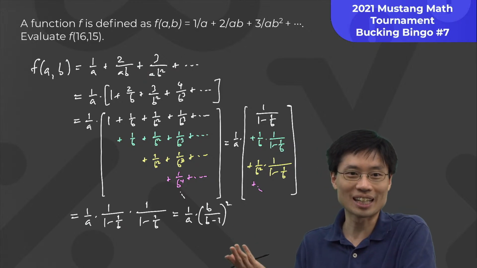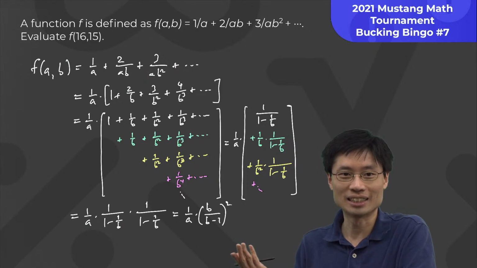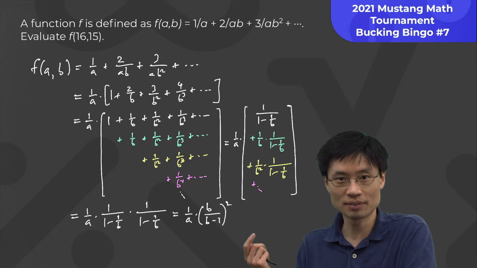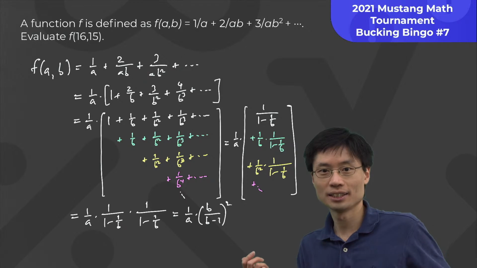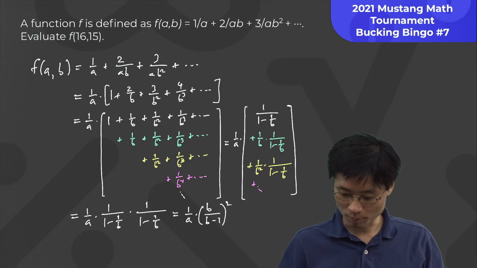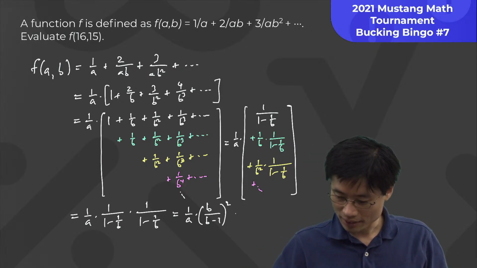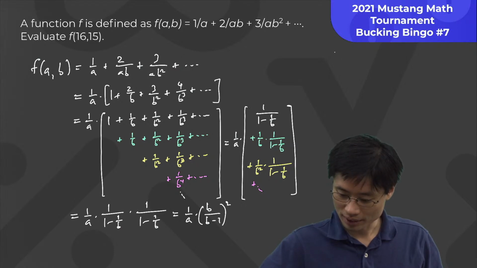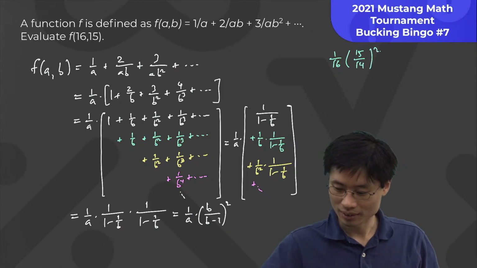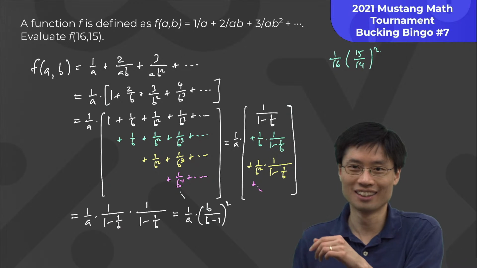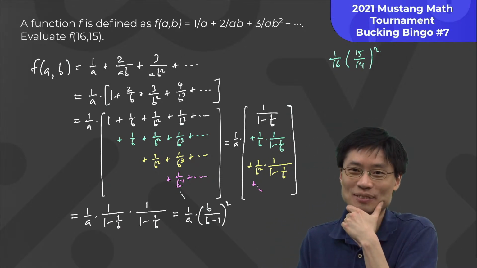And so now what I have to do is just plug in a equals 16 and b equals 15, right? So if I plug in a equals 16, b equals 15, I get 1 over 16 times 15 over 14 squared. Yuck. What kind of a crazy fraction is this?